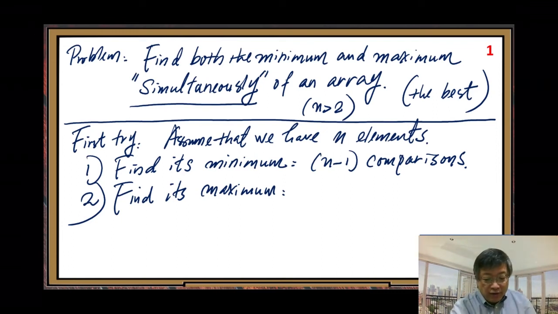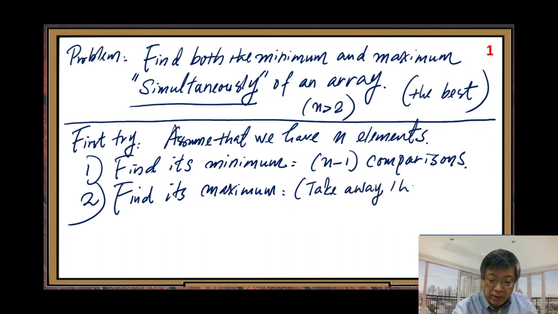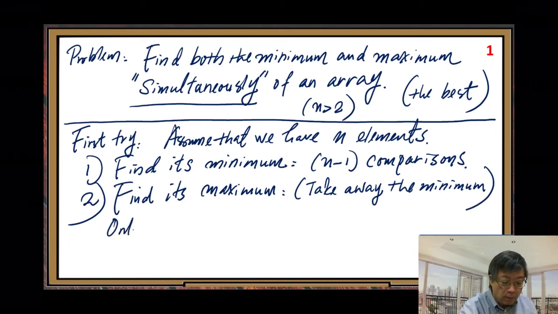So first we can take away the minimum. After you take away the minimum, now n minus 1 elements left.